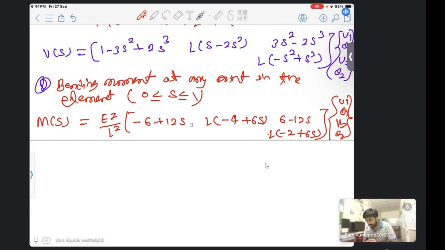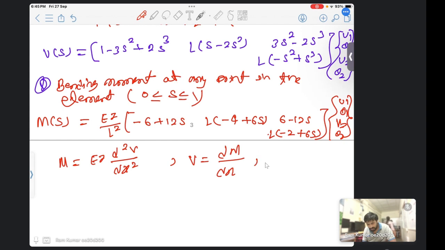One more thing, like we know that bending moment M equals EI d2v by dx2. Similarly, the shear force V equals dM by dx, so it will be EI d3v by dx3.